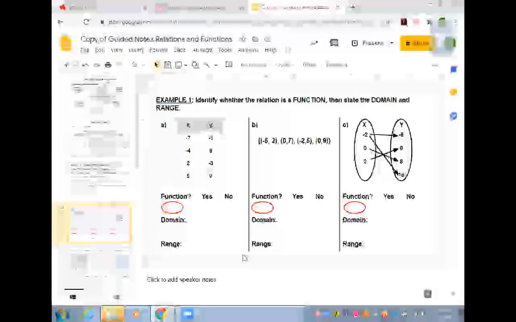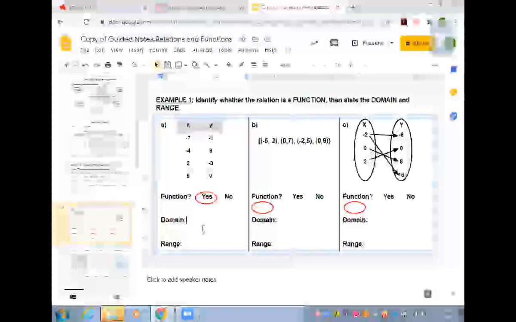No. So if none of those are the same, then I think that means that it can't be that case where it's not a function. So it must mean that, yes, this is a function because I don't have any X values that repeat. I'm looking for X values that repeat themselves or go to two different Ys for it not to be a function. And that is not the case here. All of my X's are different.